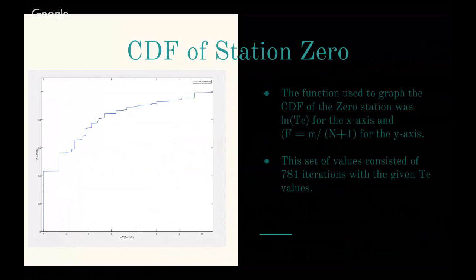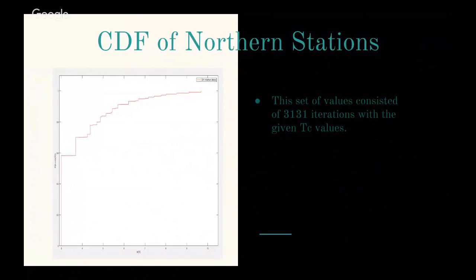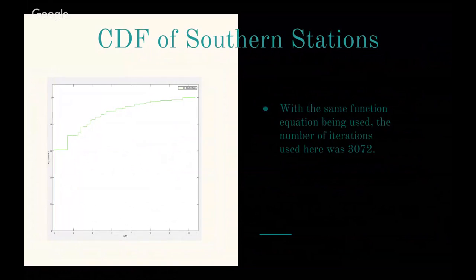As you can see, we used the equation f equals m over n plus 1 with 781 iterations for the given TC values and 3,131 iterations with the TC values for the northern stations and 3,072 iterations for the southern stations.